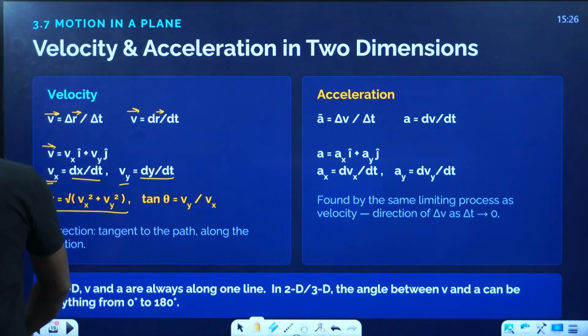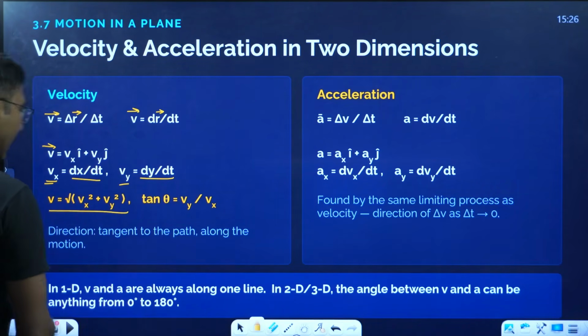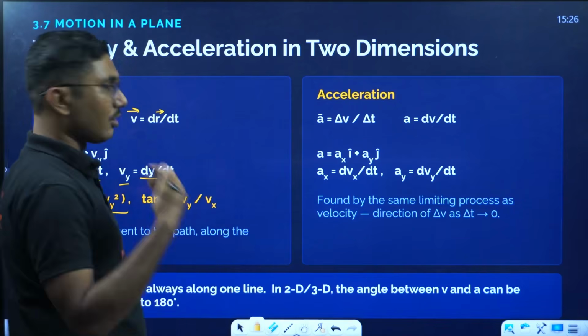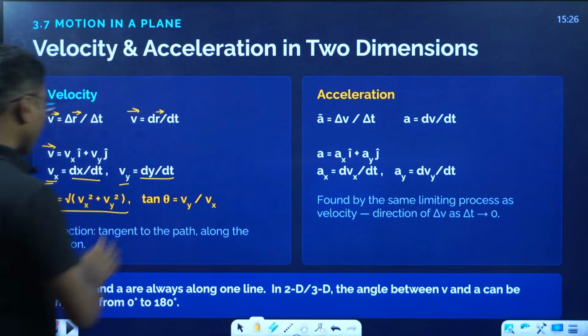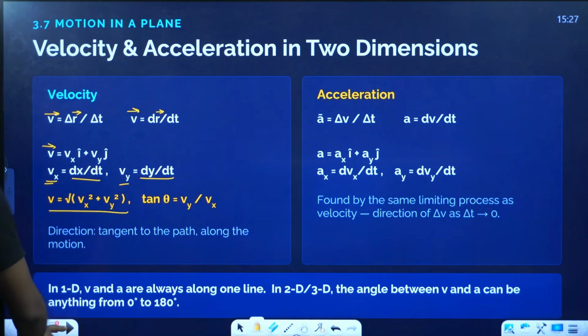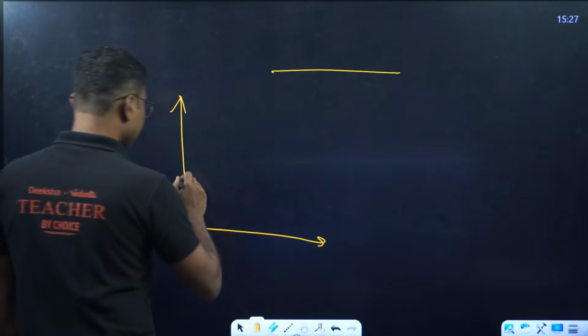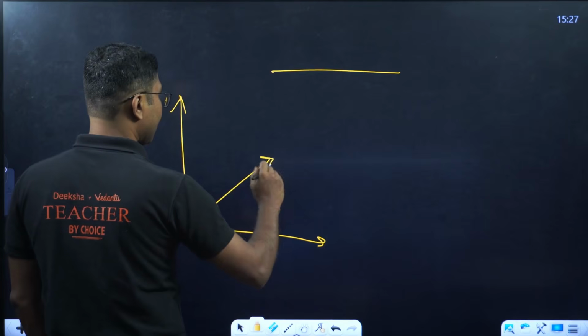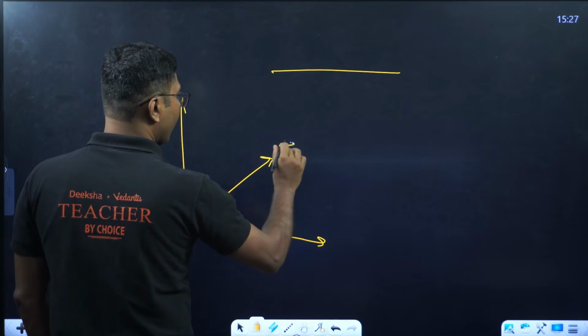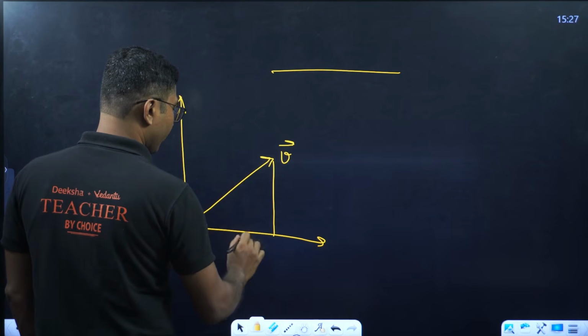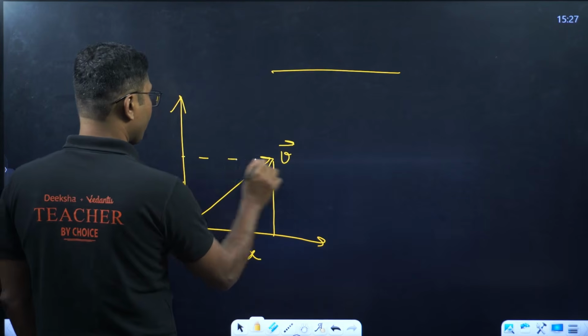Okay, how we apply the laws, etc., we will see that. But before going into that, when we talk about velocity, it can have components. Suppose this is my x and y, and this is my velocity in a two-dimensional way. It will have an x component of velocity and a y component of velocity.